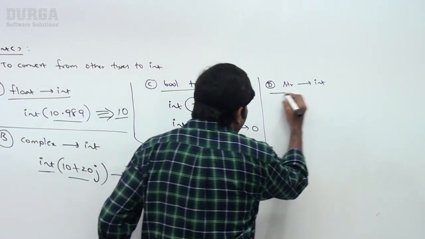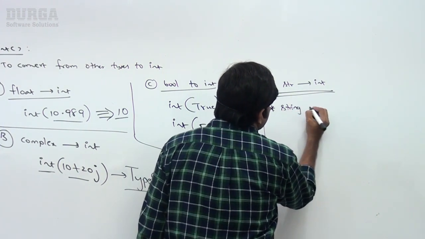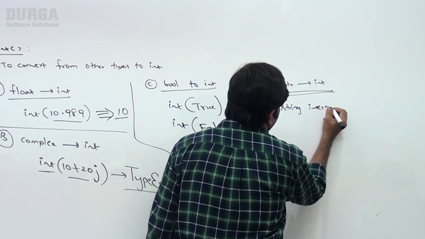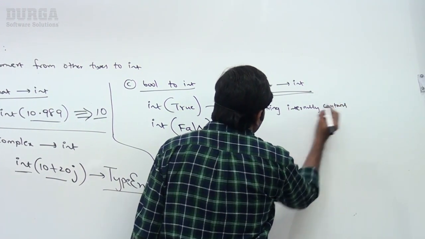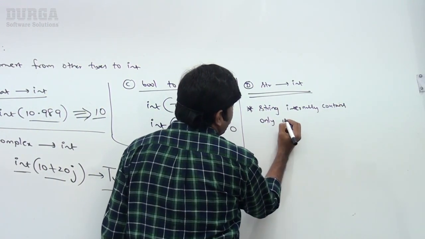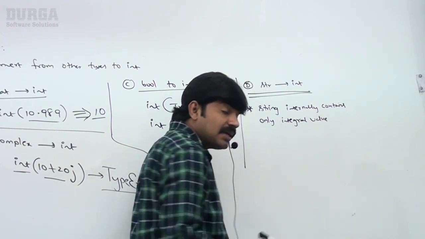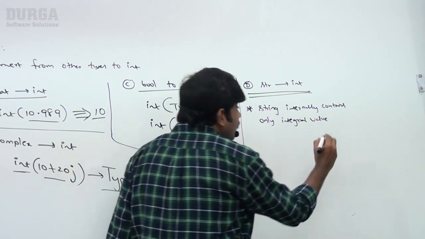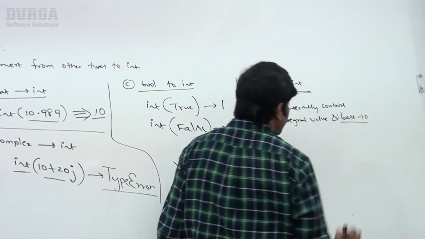So the string internally contains only an integral value that should be specified in base 10 only, decimal form only, like this.